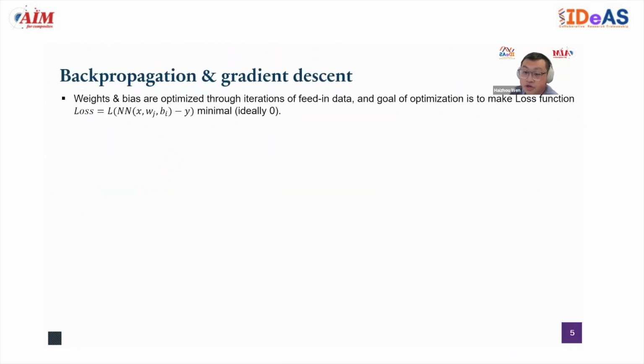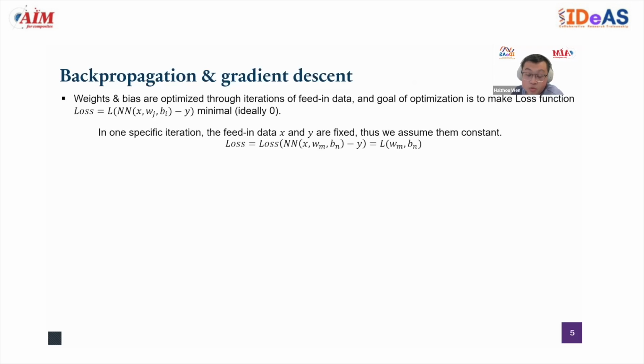Knowing the fundamental structure of the NN, we need to know how those adjustable weights and biases automatically find their optimal values. So the goal of the optimization is to make the prediction Y gradually approach the real Y. The gap is measured by the loss function, therefore, the goal of the optimization is to make the loss minimal.